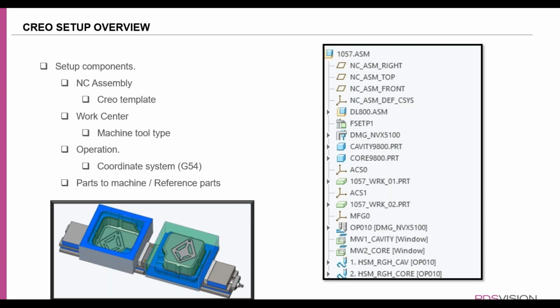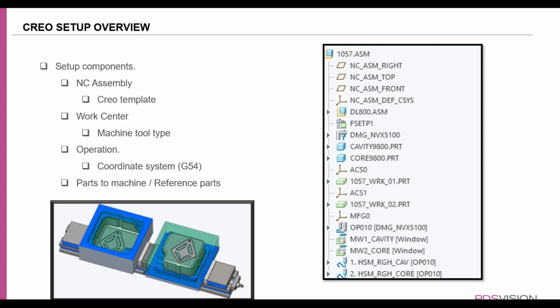When you go into the manufacturing side of things, there's a specific assembly type that you need to create, and that's a manufacturing assembly, an NC assembly. These assemblies use exactly the same format as your normal assemblies.